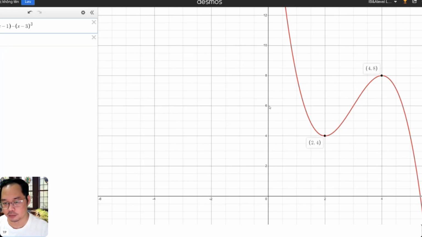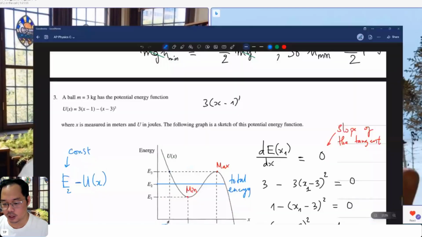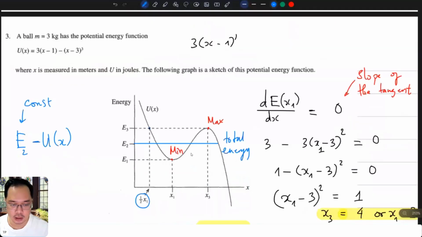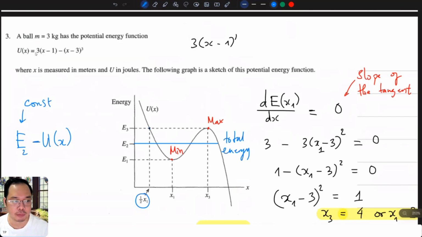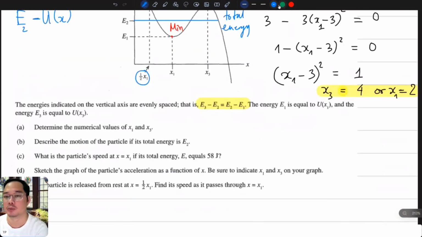So we can find those values. We can find the values x3 and x1 here already, meaning 4 and 2 respectively, and then plug back into this equation to determine the numerical values of E1 and E3.